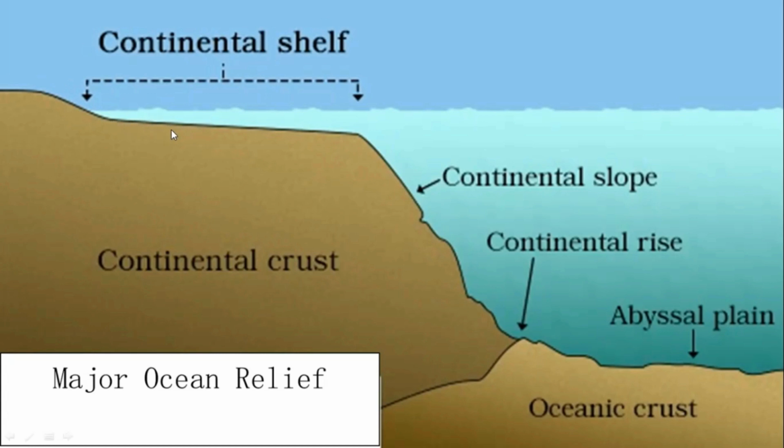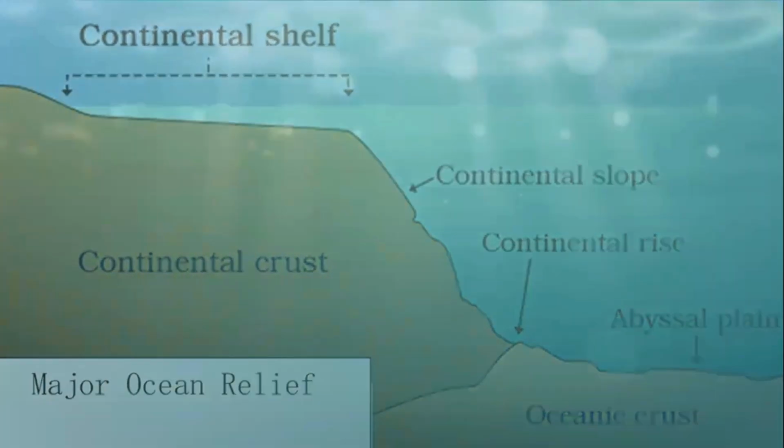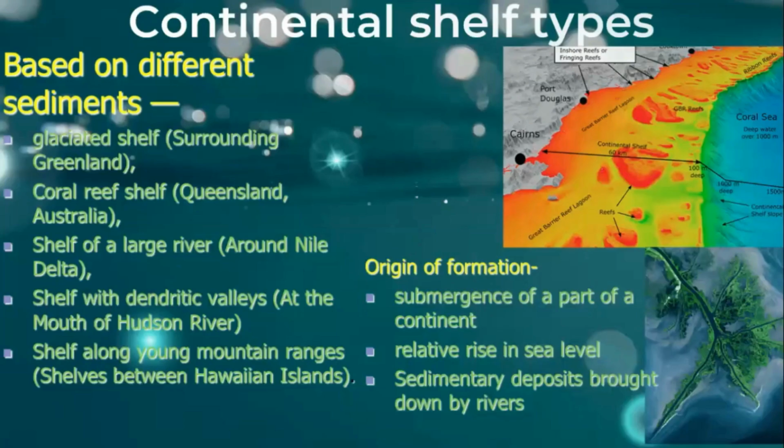This particular land, which was earlier not under the water, it was above water. Maybe the water was from this particular area. Now this also comes under the water. So instead of only this particular region being continental shelf, this entire region has now become continental shelf because of the rise in the seawater. It can also occur because of various depositional features brought by the rivers.